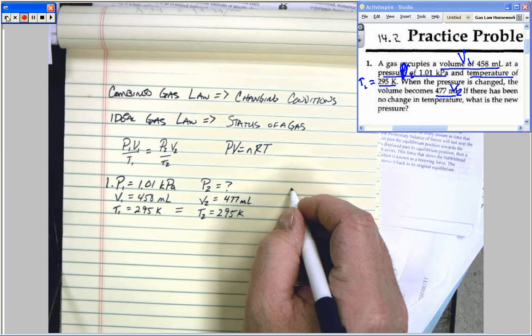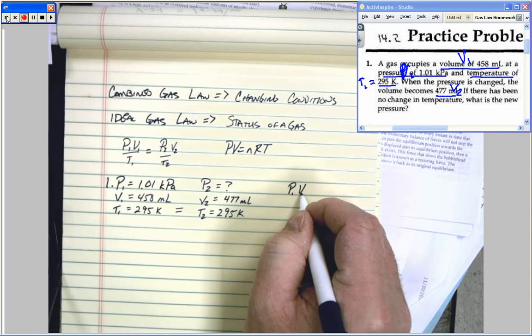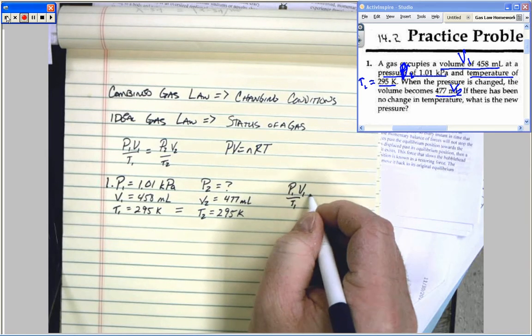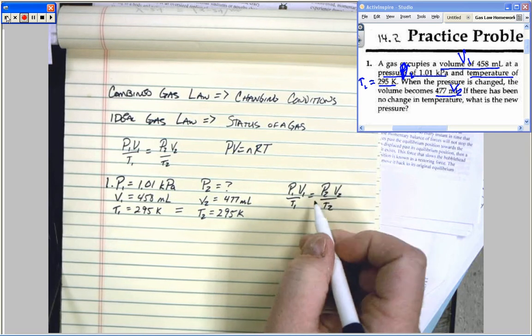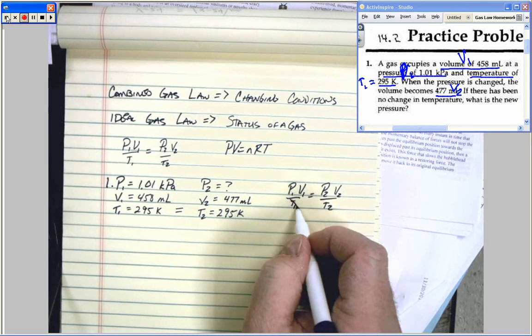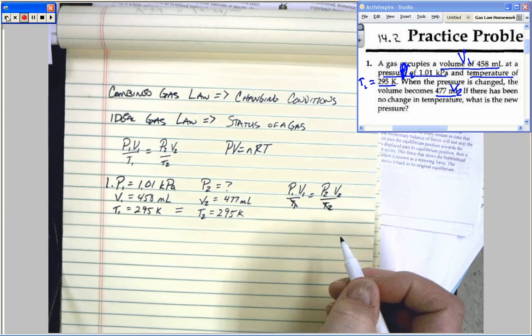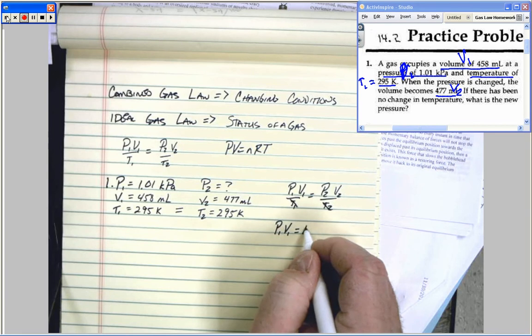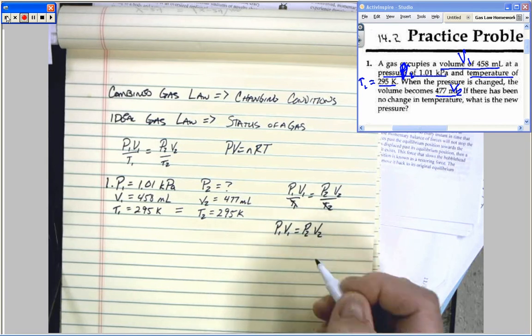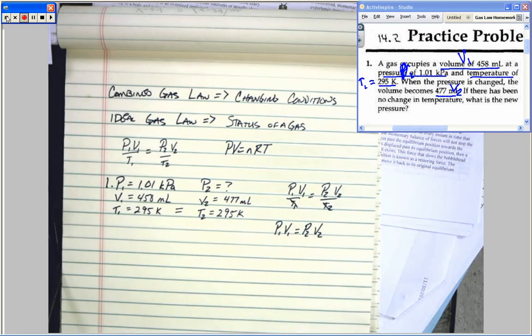So P1 V1 over T1 equals P2 V2 over T2, but since T1 equals T2, they can cancel each other, leaving you with P1 V1 equals P2 V2, which is the equation for, anyone?